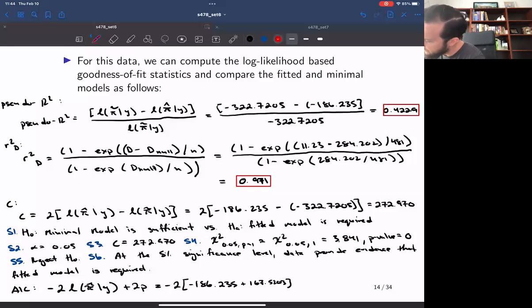Okay, this value here is the sum from i = 1 to n of log of n_i choose y_i.